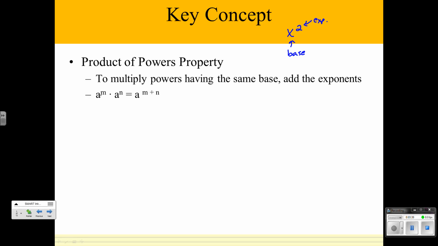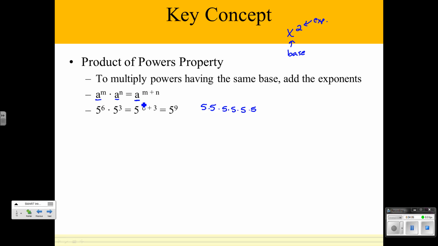So here's an example. A to the m power times a to the n power. The bases of a are the same. The exponents can be the same, but they don't have to be. So notice our base stays the same and we add our exponents. And here's another example with numbers, and I will show you why. 5 to the 6th power means 6 5s multiplied together, correct?